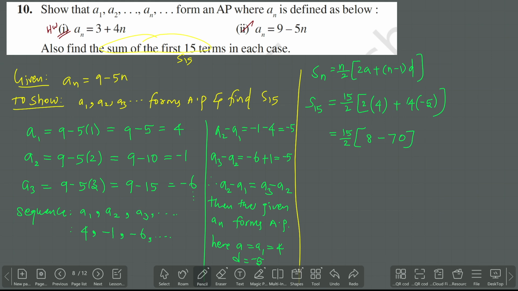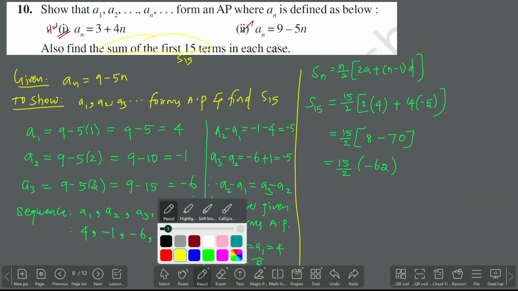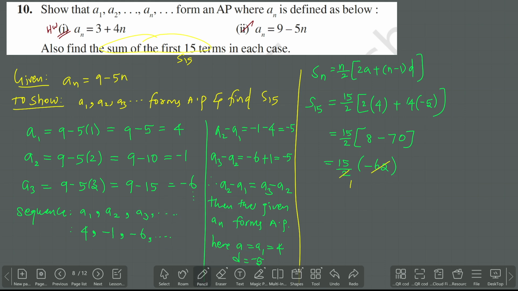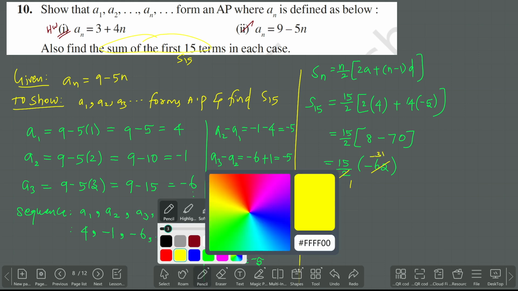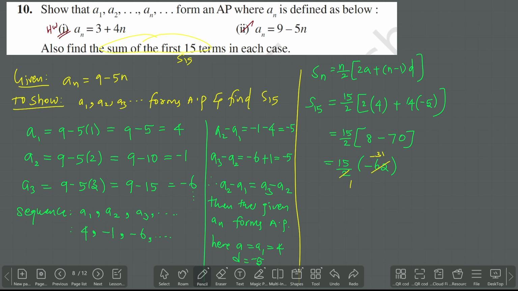Subtract each, so 15 divided by 2 times minus 62. When I cancel, 1 two is, how many twos are in 62? Minus 31. So 15 multiplied by minus 31. When we multiply, minus 465.